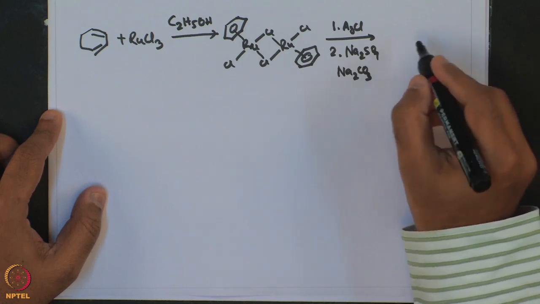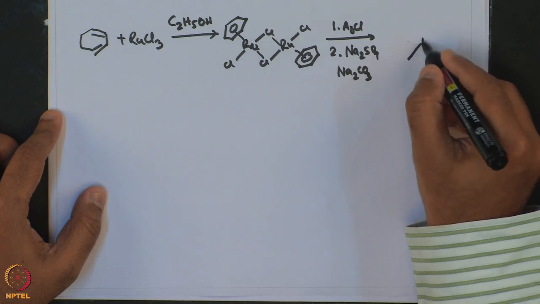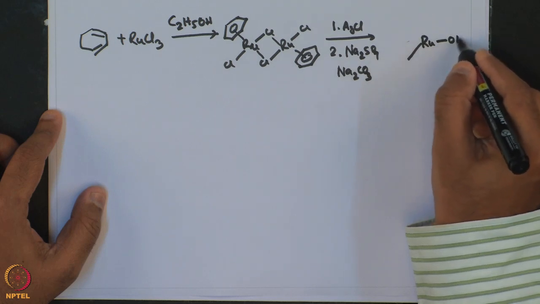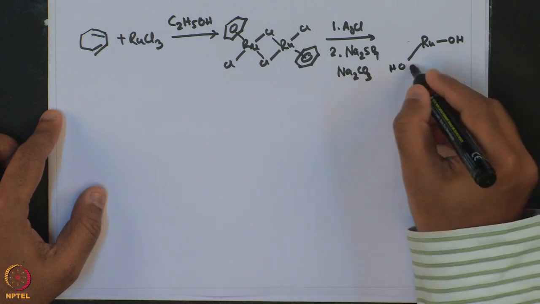This is a ruthenium tetrameric hydroxo compound, with bridging hydroxo groups.